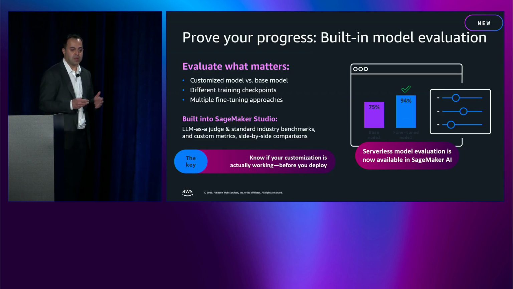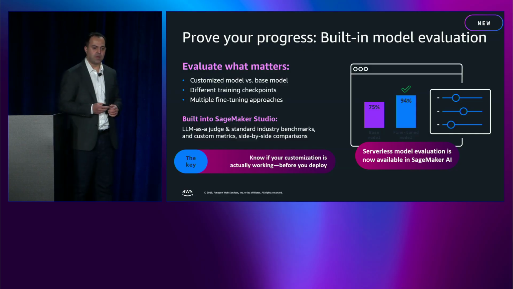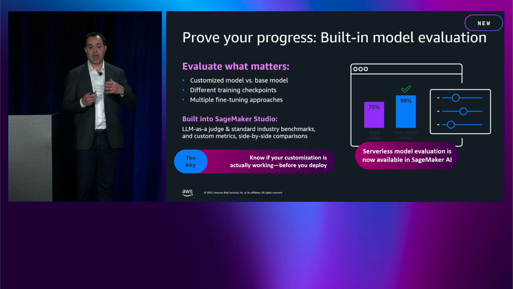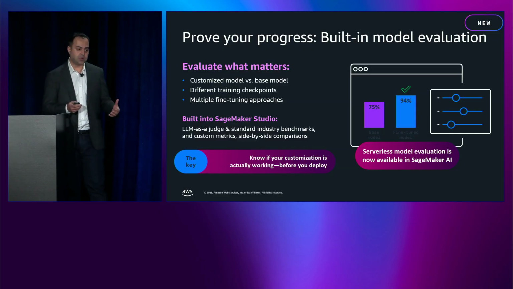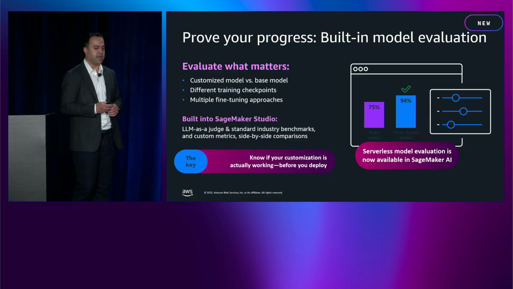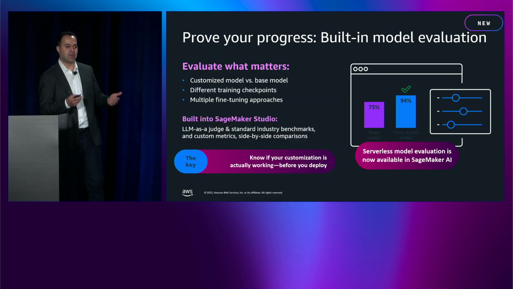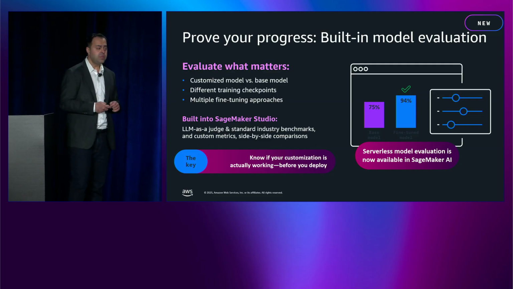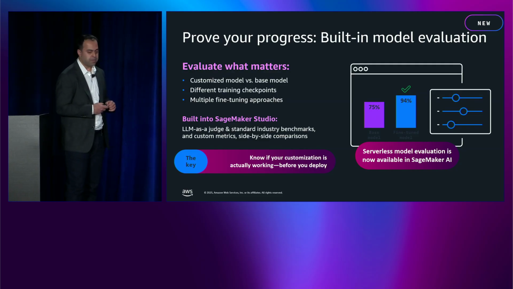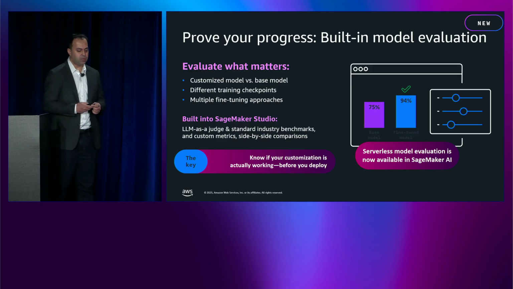And it supports multiple modes of evaluation. You can evaluate a model using standard industry benchmarks, or you can use an LLM as a judge, where an AI model acts as a critic for the model you are evaluating. And you can also define your own custom metrics for evaluation.